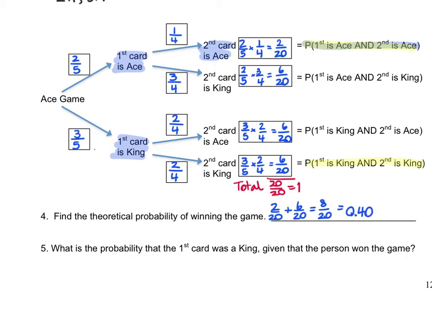Just going to fill in some notation here. This is the probability that the first card we drew was an ace. And here we have the conditional probability that the second card was an ace, given that, or knowing that, the first card was an ace.